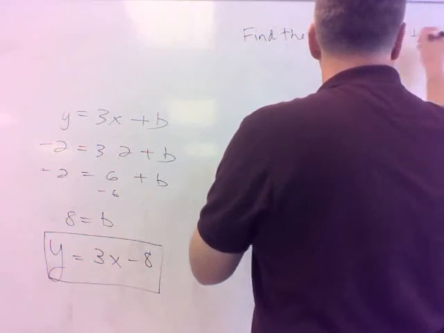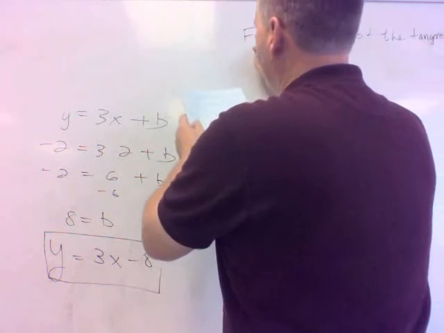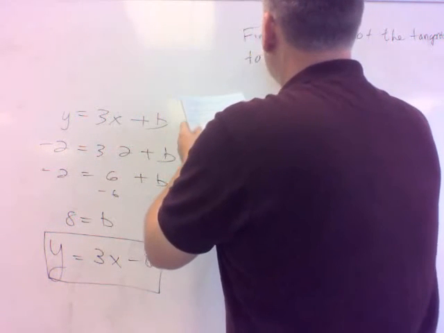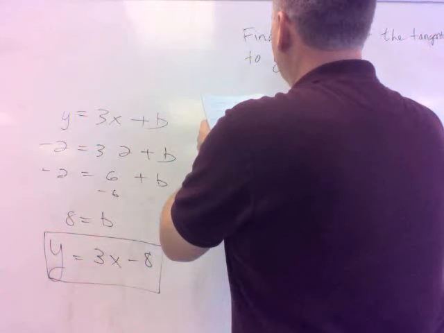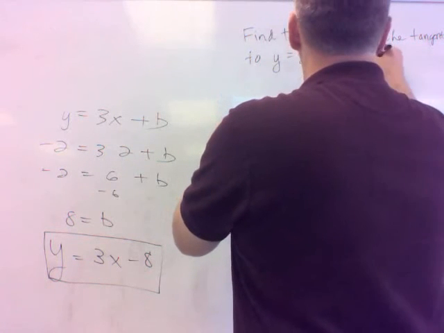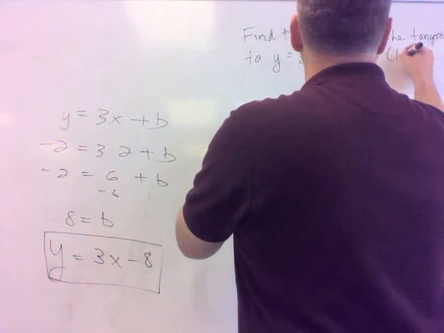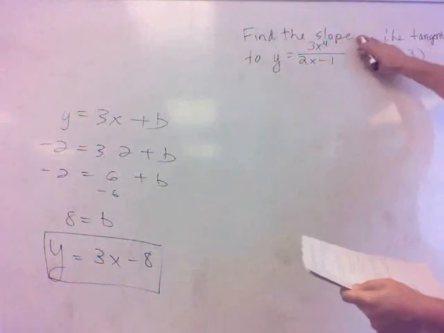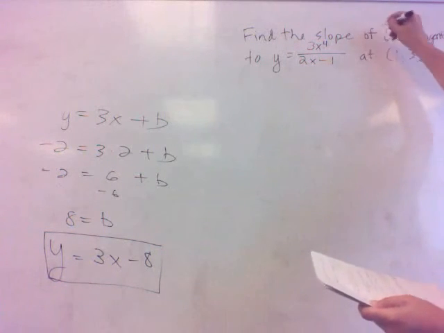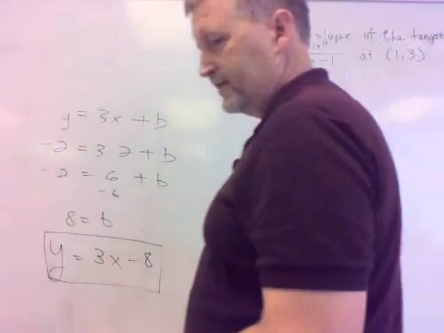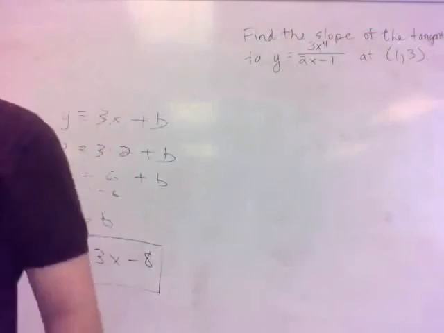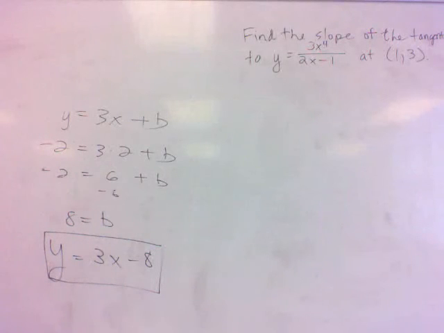And then we could do the same thing, find the equation, but let's just find the slope of the tangent line to y equals 3x to the fourth over 2x minus 1 at 1, 3. Okay? How would I do that?